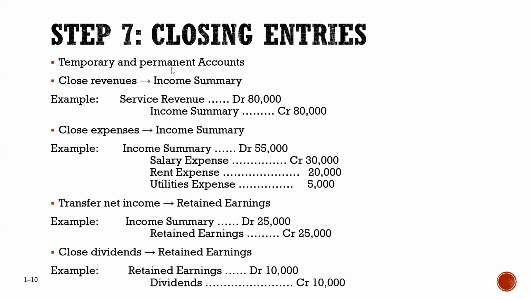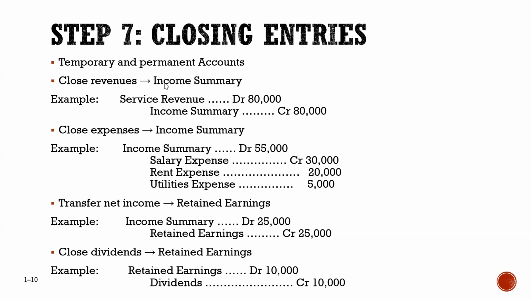On the other hand, the permanent accounts, like assets, liabilities, and retained earnings, stay open forever. Their balances carry forward into the next period. That's why they are called permanent or real accounts. Temporary accounts are the income statement accounts, and the permanent accounts are the balance sheet accounts.